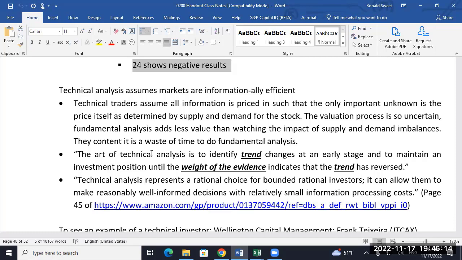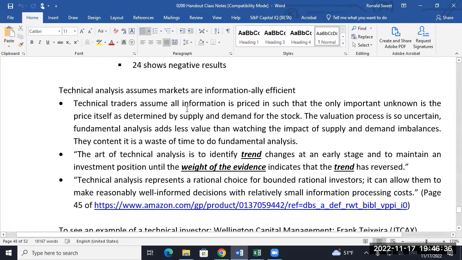However, not everybody responds together. So she says technical analysis works because there's a supply and demand imbalance. People react, but not equally. And technical analysis is looking for signs of that imbalance between demand and supply that is going to correct itself. So it assumes markets are efficient, but not all people react at the same time.